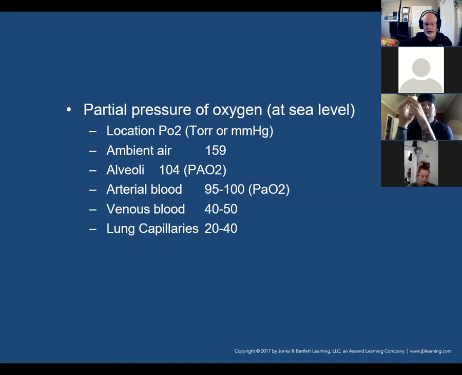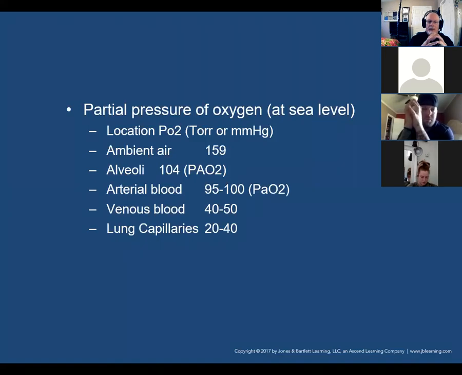On the other side, you have capillaries. At the connection of the two, you have a pressure gradient, right? The partial pressure of oxygen is 104, and the partial pressure of the venous blood that's deoxygenated, it's 40 to 50. So there's a pressure gradient.